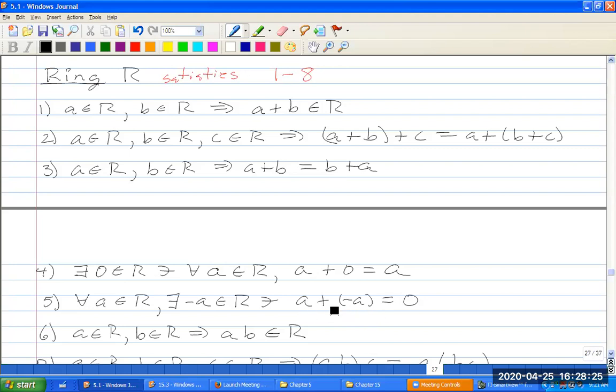So really, this is a statement about solvability. So x plus A equaling 0 has a solution. Okay.